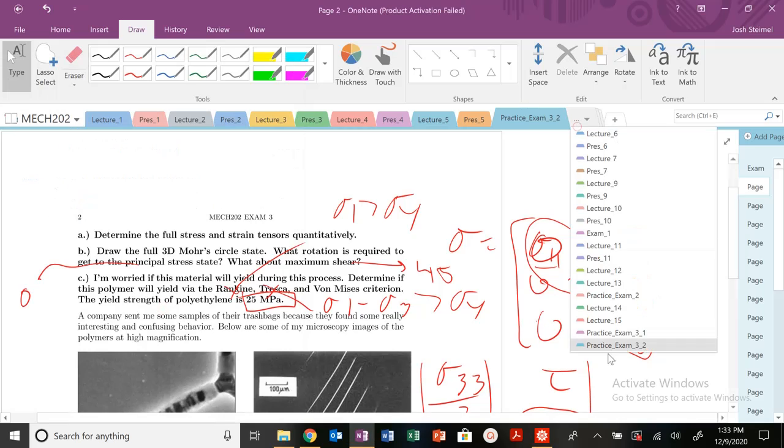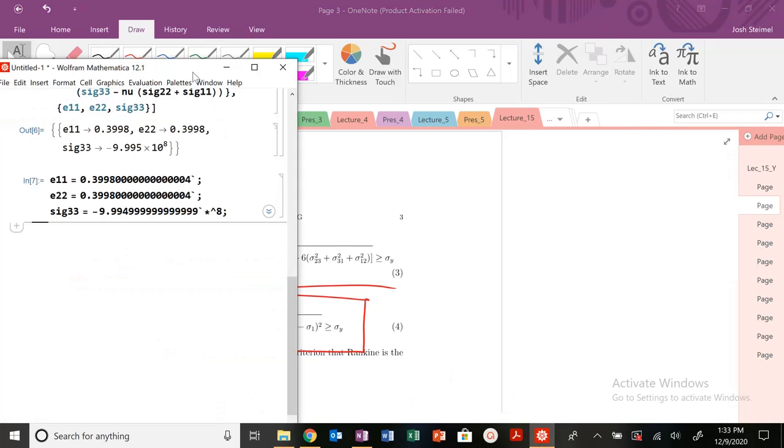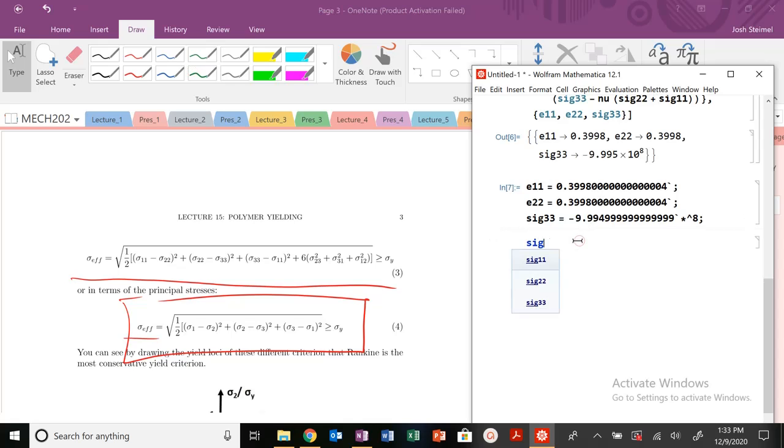So let's go ahead and look at our von Mises right here. I'm going to say my sig 1 equals sig 1,1, sig 2 equals sig 1, and my sig 3 is equal to sig 3,3. Oops, I'm going to call this sig 1.